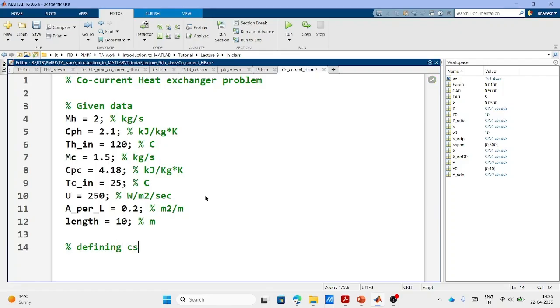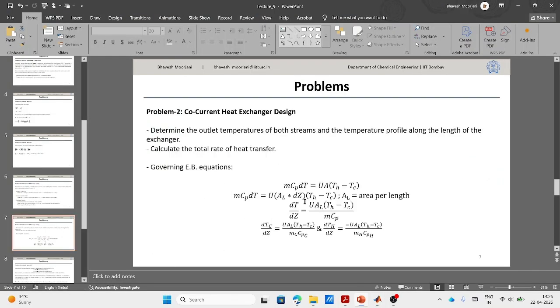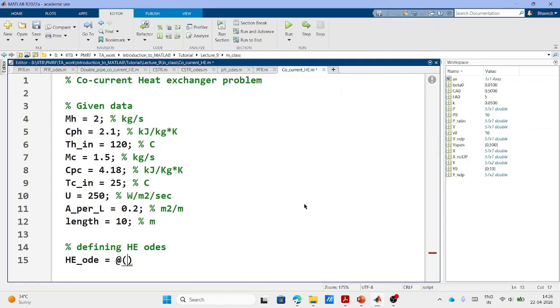Defining the heat exchanger ODEs. So heat exchanger ODE is a function of your independent variable, which I'm referring to as Z, or small l, and the dependent variables TH comma TC. And what will be my function?